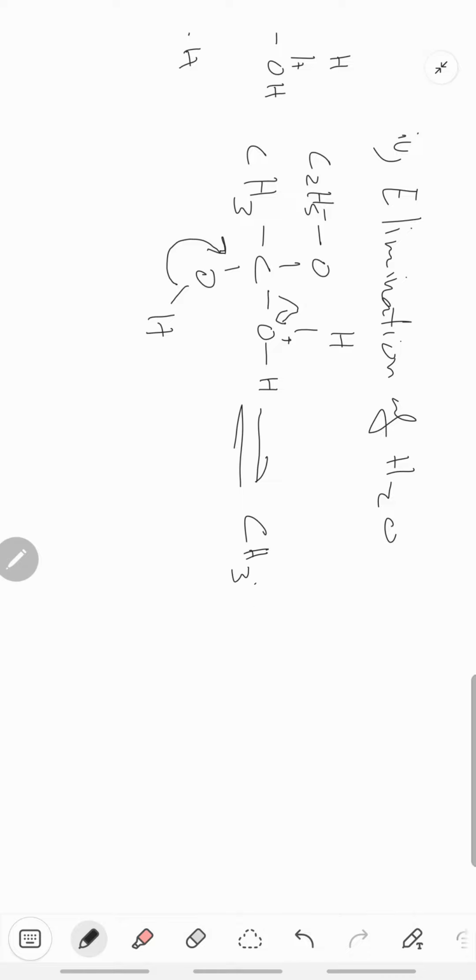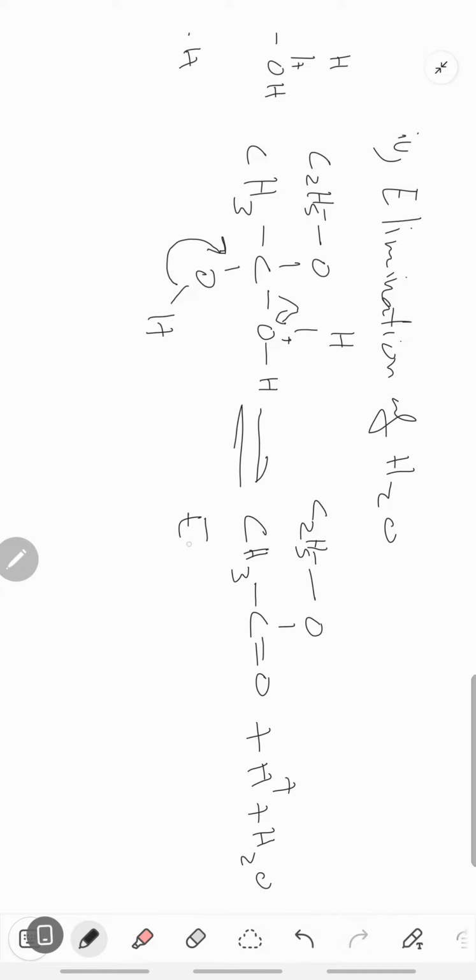The final product should be the ester, and this is the ester. And as I got the hydrogen and I got the water, this is the mechanism of how I can make esters, and this is ethyl acetate.